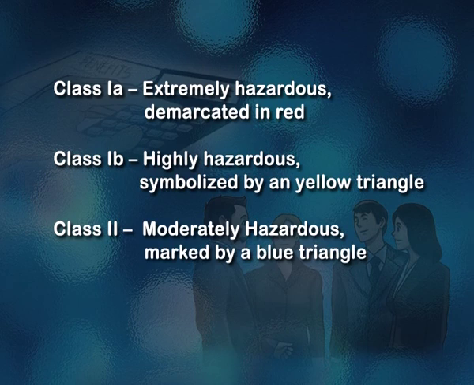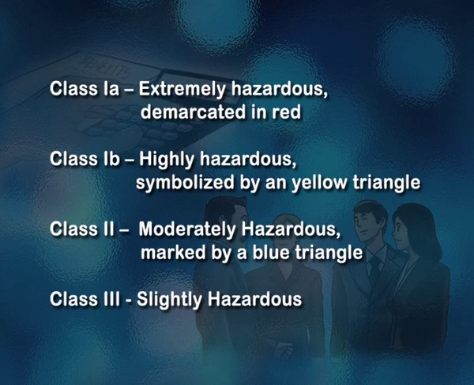Class 2 includes moderately hazardous pesticides, which are marked by a blue triangle, and class 3 is known to be slightly hazardous. All the pesticides which are slightly hazardous to humankind are demarcated with a blue triangle. Other pesticides which are not slightly hazardous are considered not likely to be hazardous.